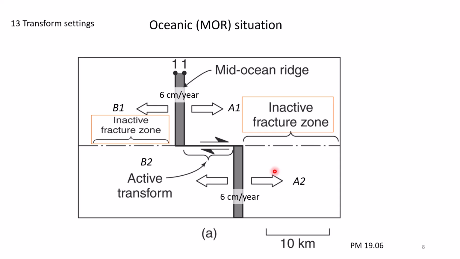The mere existence of oceanic fracture zones implies that at least at some stage in their tectonic history, these ridge segments have been spreading at different rate, because otherwise there would not be a reason to see any oceanic fracture zones. They are indicative of variations in spreading rate in neighboring oceanic ridge segments.